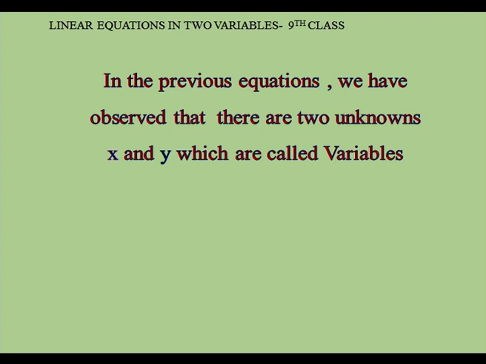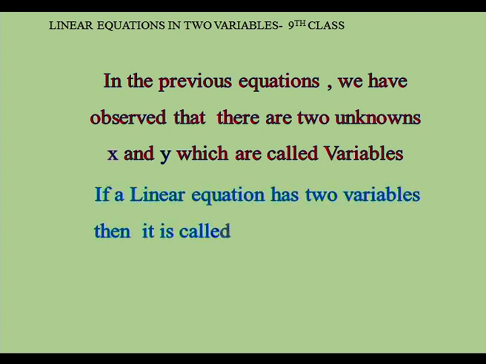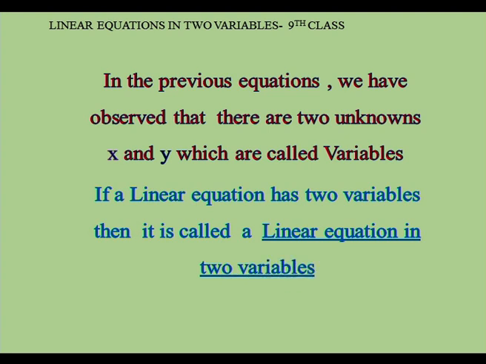That is the reason we call them variables. If a linear equation has two variables, then it is called a linear equation in two variables. We have observed in the previous case, just now we said 2x minus y plus 10 is equal to 0, where x and y are variables.